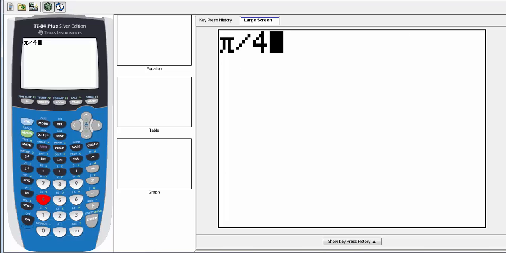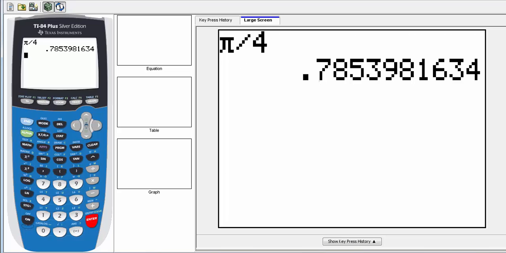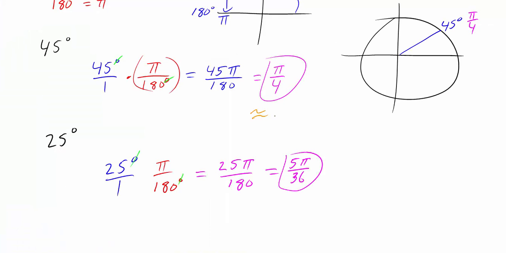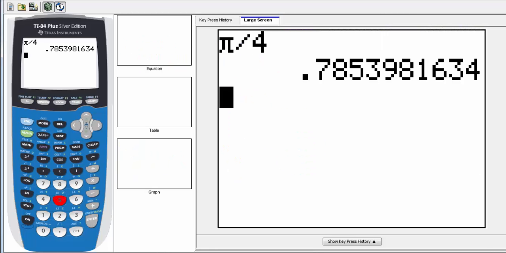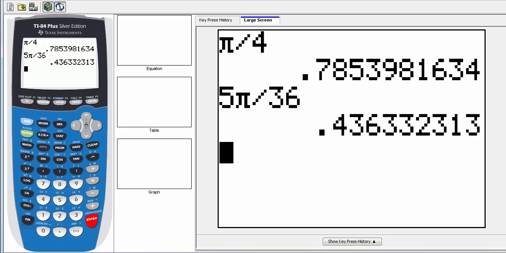And if we take pi divided by 4, we can hit enter, and we would get approximately 0.785. So approximately 0.785 would be the decimal. And we could do the same thing down here, 5 pi over 36. We would type 5 second pi divided by 36, and we can get a decimal for that as well, which would be 0.436.